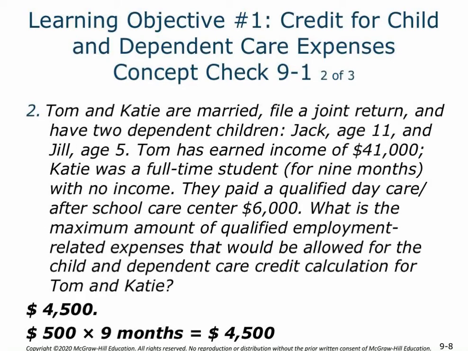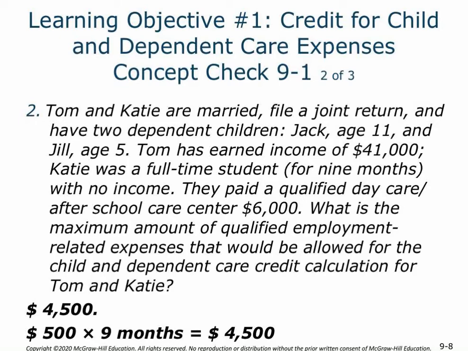Concept check 2. We've got Tom and Katie, who are married, filing a joint return, and have 2 dependent children, Jack and Jill, age 11 and age 5, so both under 13. So both will count. Tom has an earned income of 41,000. Katie is going to be a full-time student with no income, so she's going to be the one that we use for her earnings to see if we're limited.